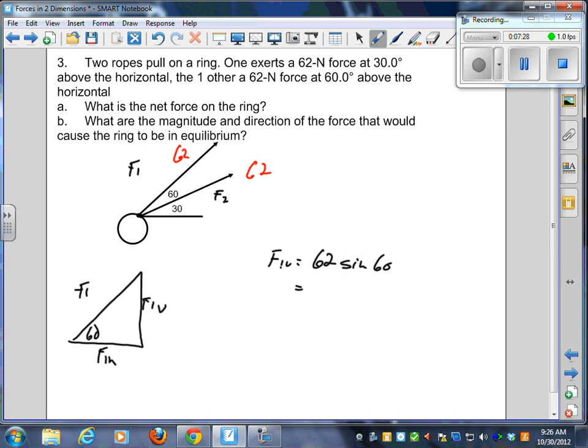Or 53.7. I'm going to put my horizontal over here. F1H is going to be 62 cos 60.